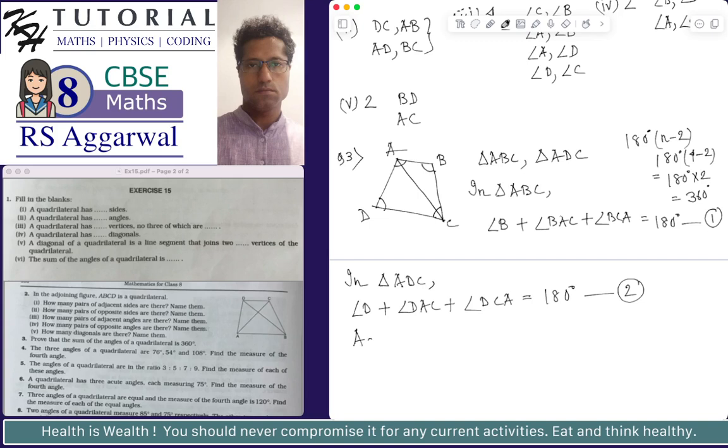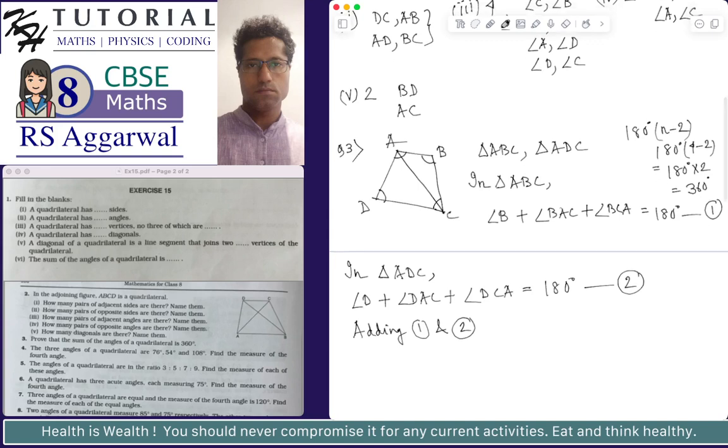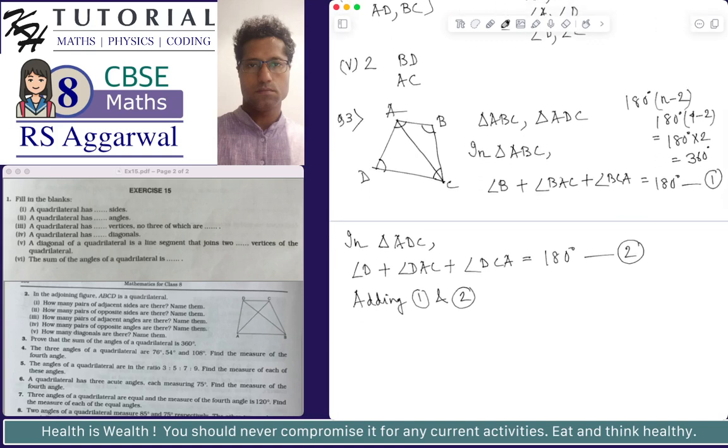Now, what do we get when we add two equations? We get another equation where the LHS will be the sum of the LHS of all the equations we are adding, and the RHS will be the sum of all the individual RHS. So adding equations 1 and 2, the LHS of equation 1 is angle B plus angle BAC plus angle BCA.